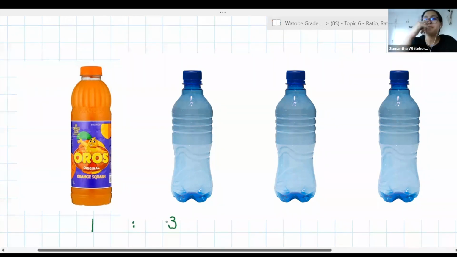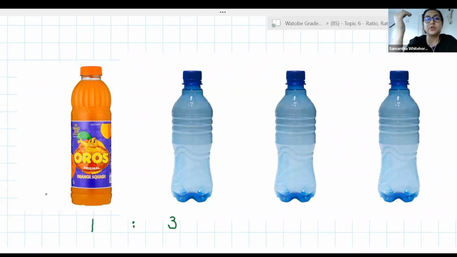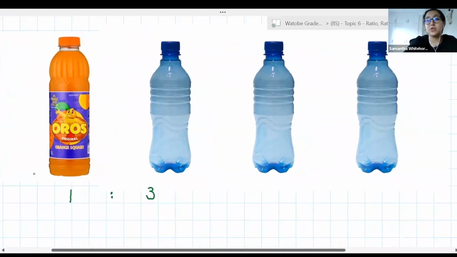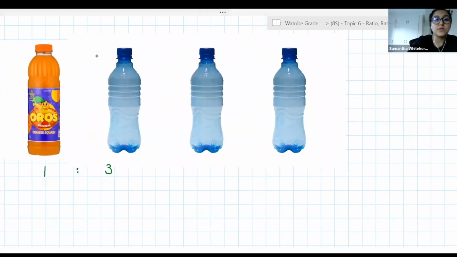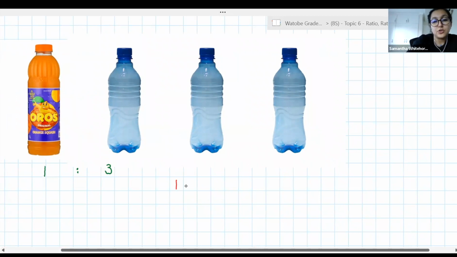Now, remember we've said that these units are the same. So this can be transferred to any unit depending on how much Oros you want to make. If you're just making Oros for yourself, you could say that you're going to use 1 cup of Oros and 3 cups of water.